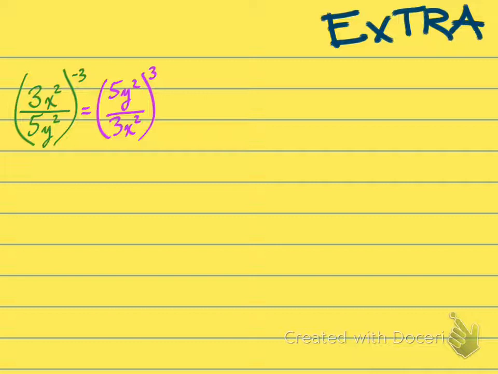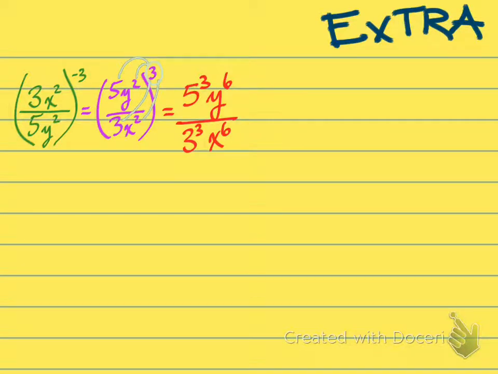So it becomes 5y squared over 3x squared, and that is raised to the third power. So one thing to keep in mind there is that, once again, that exponent outside the fraction applies to every single thing inside the parentheses. 5 gets cubed, y squared gets cubed, everything gets cubed, so you end up with 5 cubed y to the 6th over 3 cubed x to the 6th.